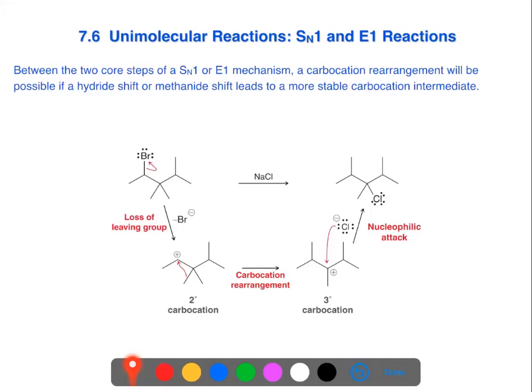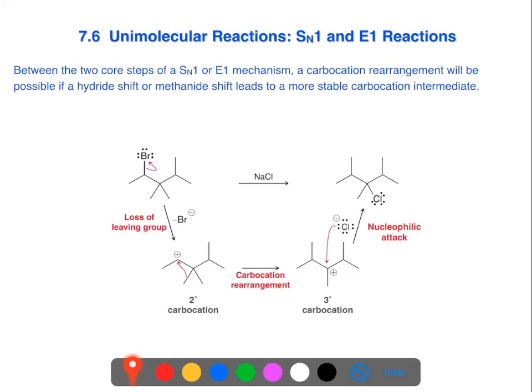Secondary carbocations, stable as they may be relative to the primary and methyl systems, still prefer to undergo the rearrangement to the tertiary system if possible. And so you want to look to your neighboring atomic centers to see if there are any hydrogens or methyl groups that may undergo migration to that carbocation to form a more stable tertiary carbocation.